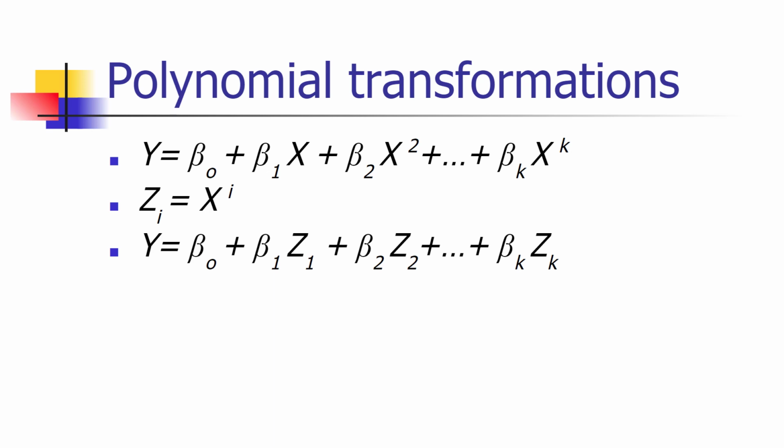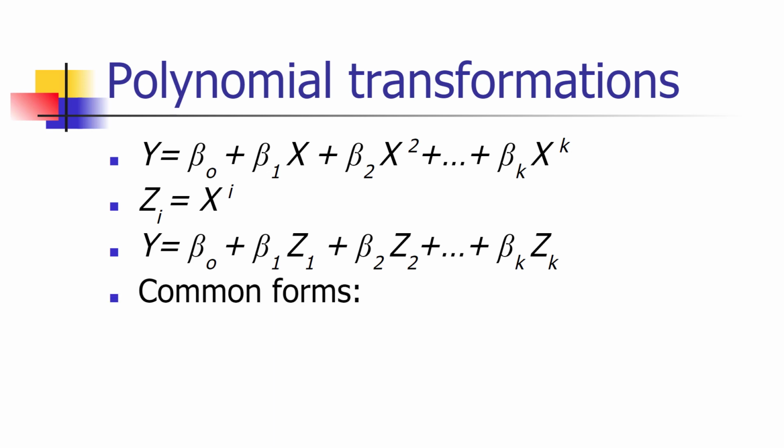In particular, this new function is linear in the variables z1 through zk. So all you need to do to estimate a kth order polynomial is let z1 be equal to the original variable x, z2 is equal to the square of that variable, z3 is equal to the cube of that variable, and so forth out to x to the k. So you define zk equal to x raised to the kth power.